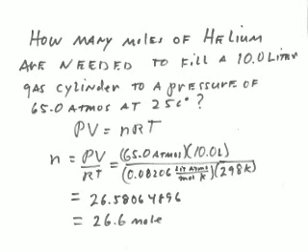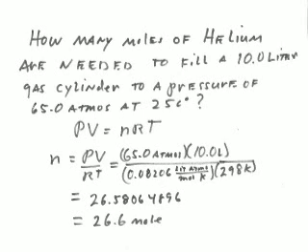In our case, we have liters, atmospheres, and Celsius. But of course, in any gas law problem, you have to use absolute temperatures. And so we're going to have to change the Celsius to Kelvin. So our temperature is 298 Kelvin. And so we have liters, atmospheres, Kelvin.